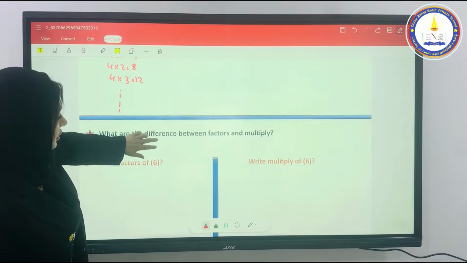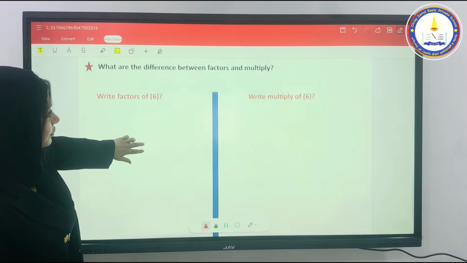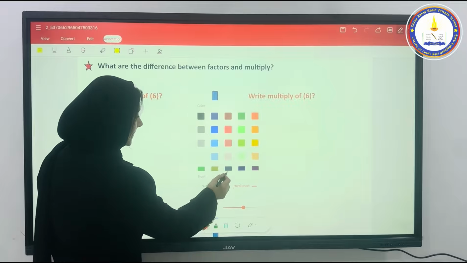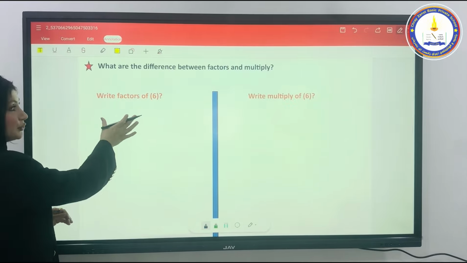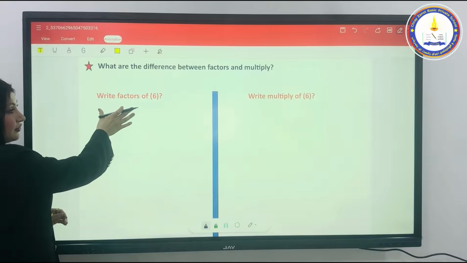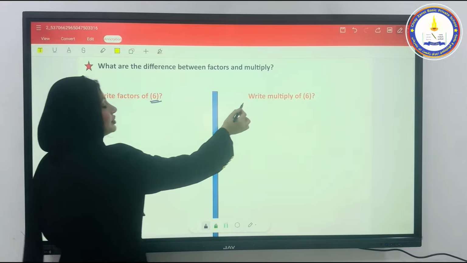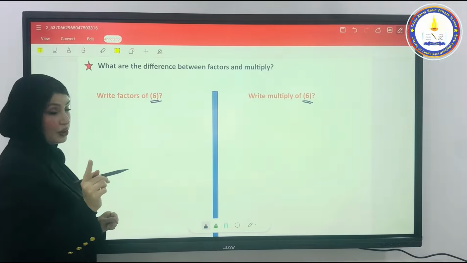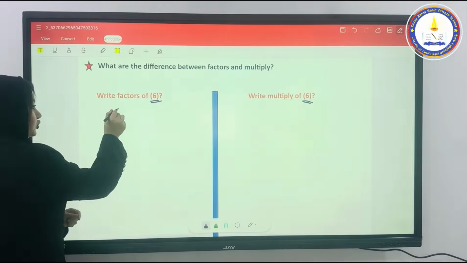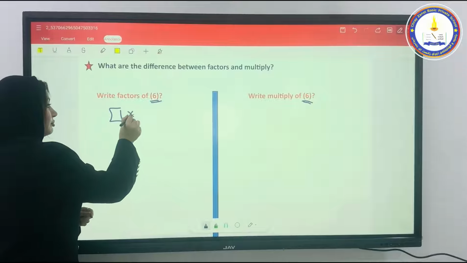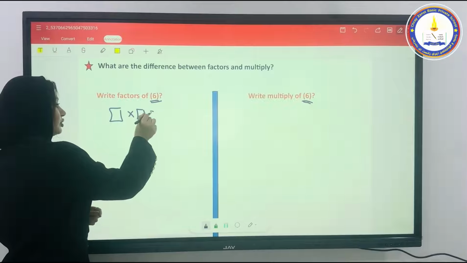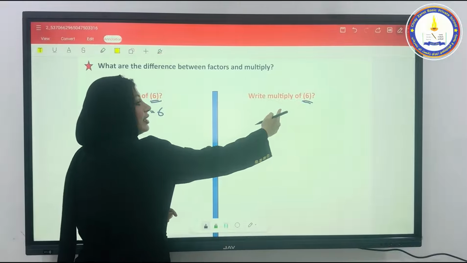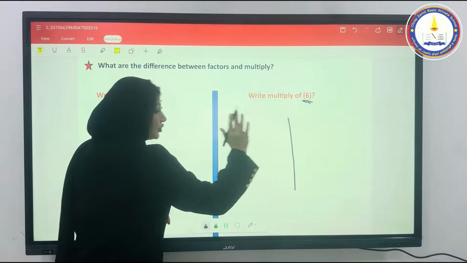So let me compare them quickly for you. Look. Here we have: write the factors of 6, and here we have multiples of 6. For the factors, you have to use two squares. Which number times which number equals 6? You have to use this rule. But for the multiples, directly write the multiplication of 6.